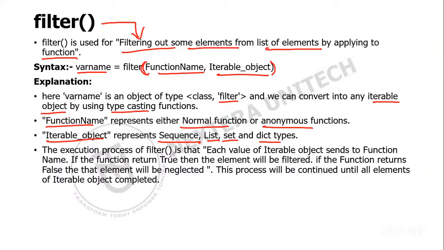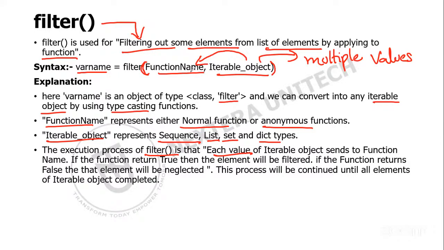Now let us understand the execution of the filter function. An iterable object is nothing but an object which contains multiple values. So the filter function passes each value of this iterable object to the function. A normal function or anonymous function, whatever it might be, the values of the iterable object will be passed to the function.